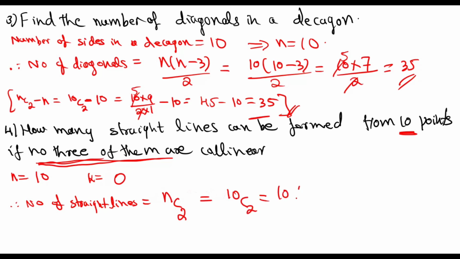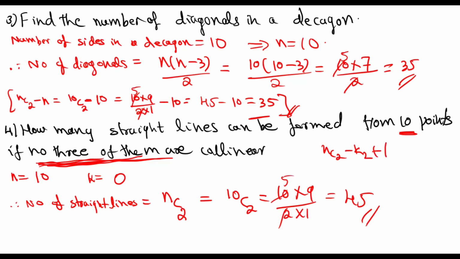It's equal to 10 into 9 divided by 2 into 1. 2 ones are 2, 2 fives are, 9 fives are, it's equal to 45. Clear? No 3 of them collinear means actual formula is nC2 minus kC2 plus 1. Since there is no collinear point, your direct formula is nC2 only. You need to remove this part, kC2 for collinear plus 1.